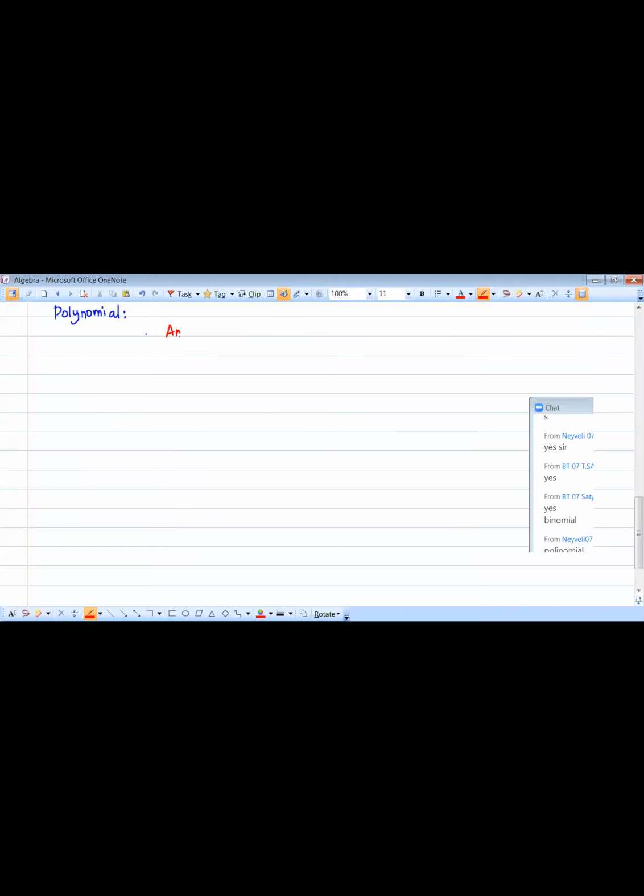Very simple: an algebraic expression in which the powers of the variables involved are non-negative integers is called a polynomial.